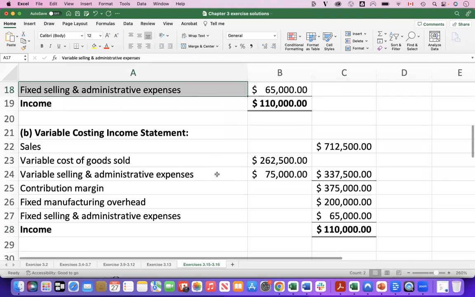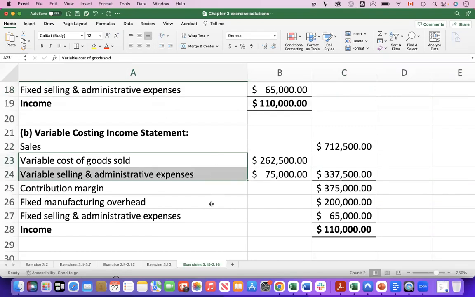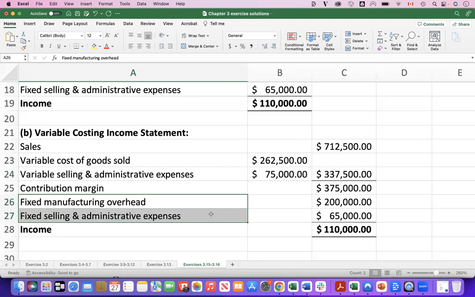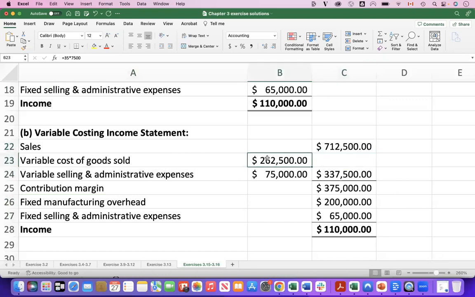Under the variable costing income statement, we separate and classify our costs by their cost behavior. We start with variable costs first, then we have fixed costs after contribution margin. So on this income statement, we take our sales, then we subtract out our variable cost of goods sold, which is our variable product costs.